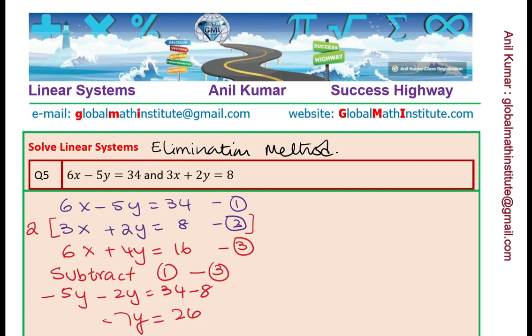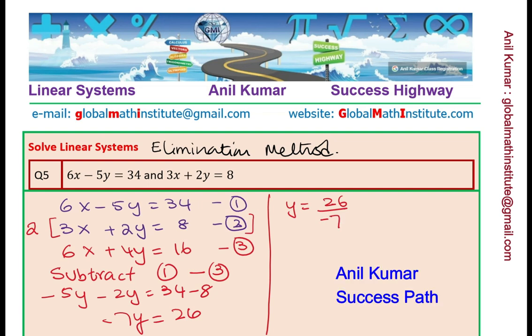So that's what we get. Now we can find the value of y. So y equals 26 over minus 7. Right? So we get the y value, which is indeed a fraction, 26 over 7 with a negative sign. Is that clear to you? So that is how we are getting the value of y.